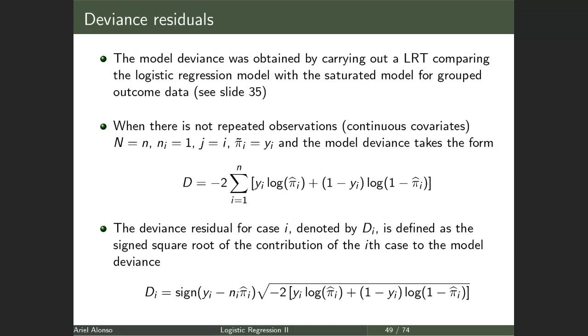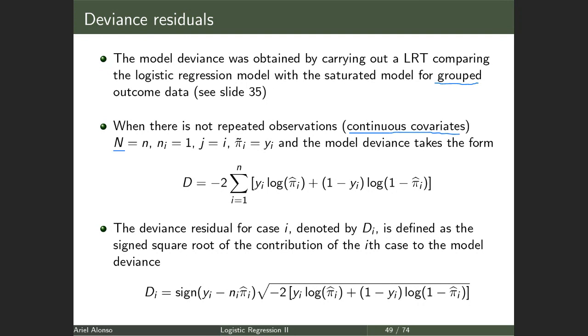Remember, the model deviance is just a likelihood ratio test, where you are comparing your logistic regression model with a saturated model. That's it. And I gave you the expression for group data, for repeated measurements. Now, suppose that you don't consider your repeated measurements, or you don't have them, like for instance when you have continuous covariates.